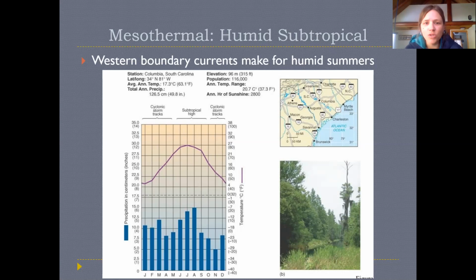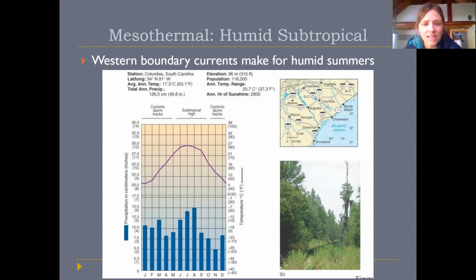So they have these wetter summers because they have, again, correlation or proximity to these warmer ocean currents. Like all areas around this latitude, they kind of shift throughout the year of sitting closer to the subtropical high pressure zone in the summer and then farther away from that in the winter.